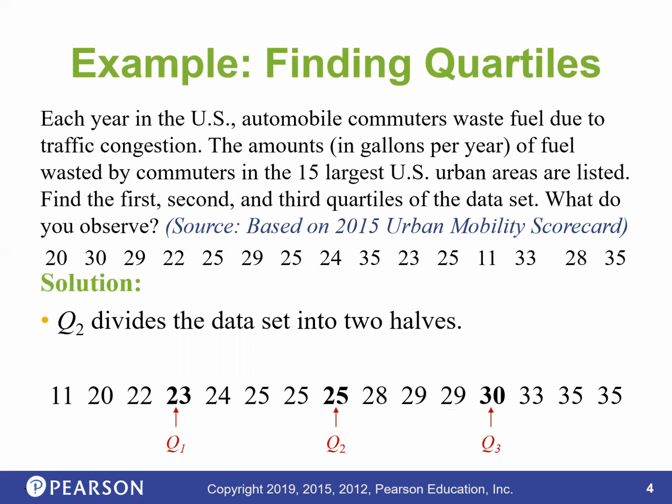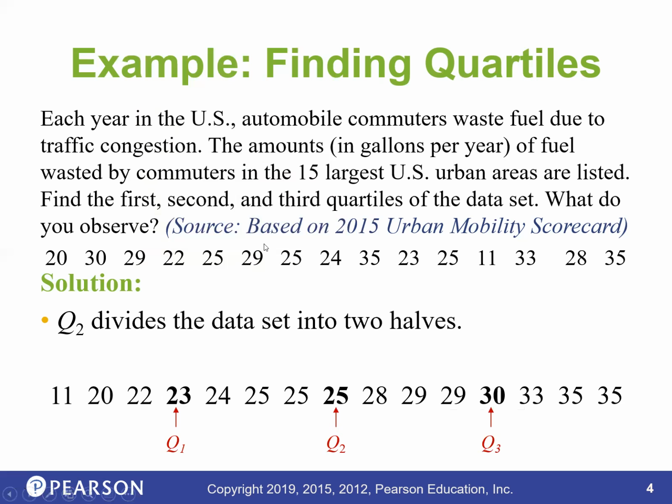At the top end, I see 30, 33, 35, 35. Everything looks kind of together. Look at the bottom end: 24, 23, 22, 20, and then 11 drops off. Now the question is, how do we know whether that's an outlier or not? Let's keep that in our minds.